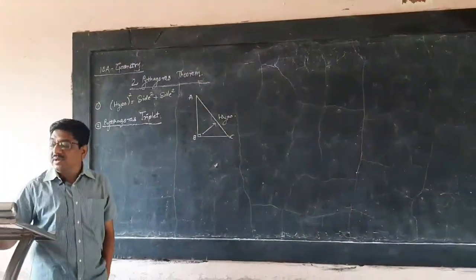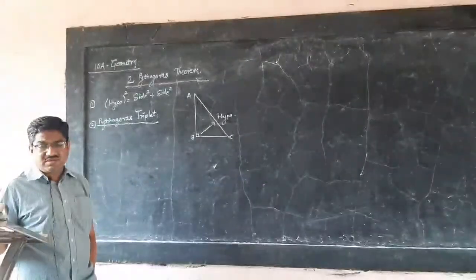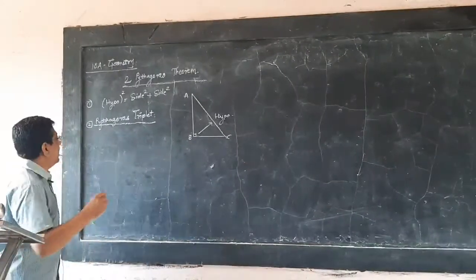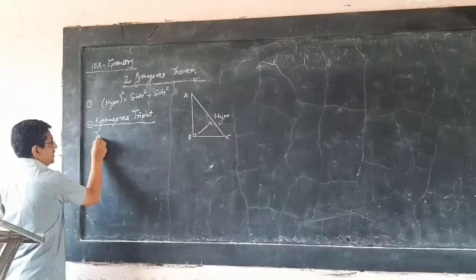In Pythagoras triplet, there are three natural numbers.